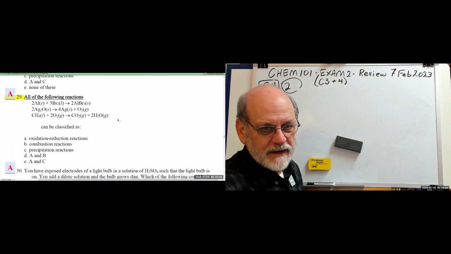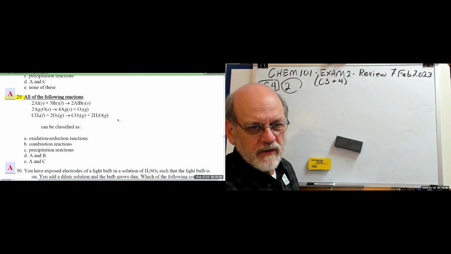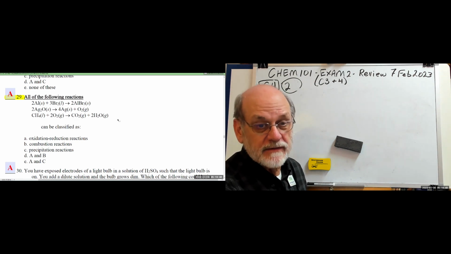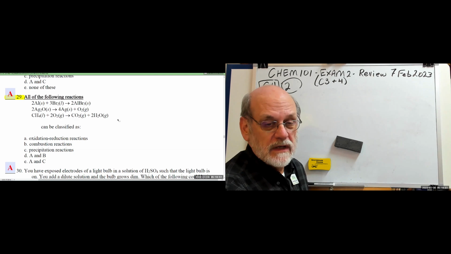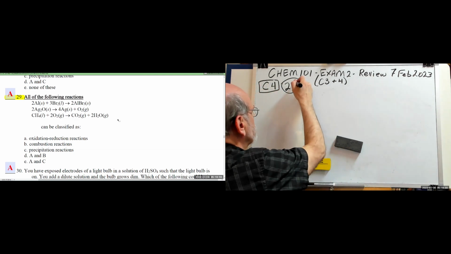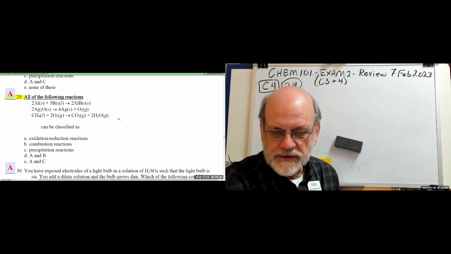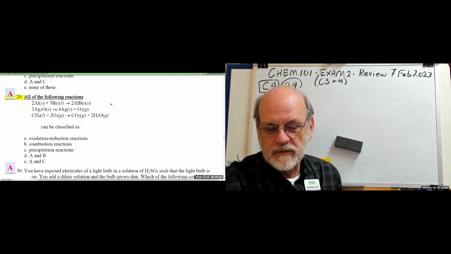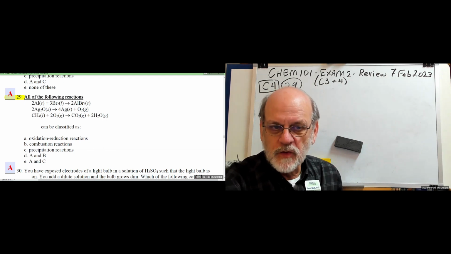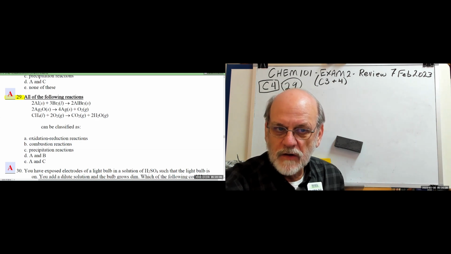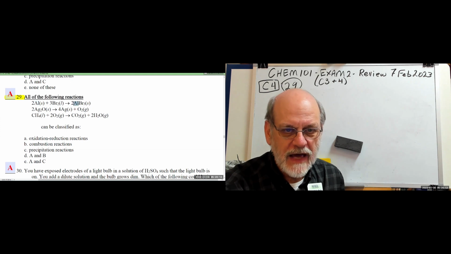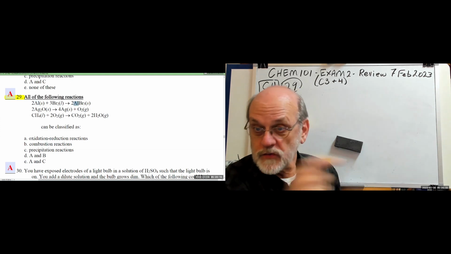29. Here we go. All of the following reactions can be classified as. Okay. 29. So the first one, remember the rule of thumb I gave you. If you've got a reaction where there's an element on one side and it shows up in a compound on the other side, it can go either direction.